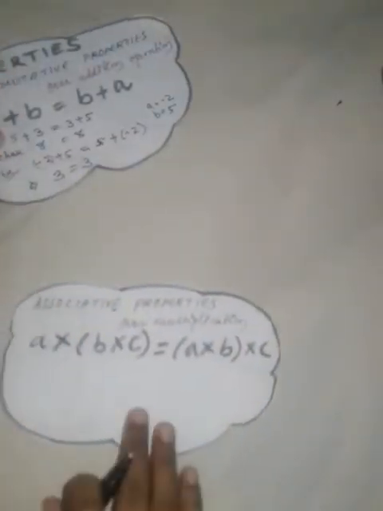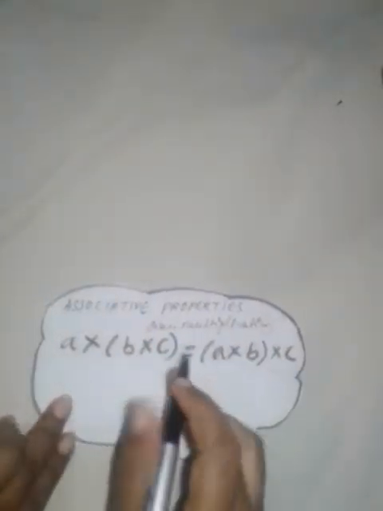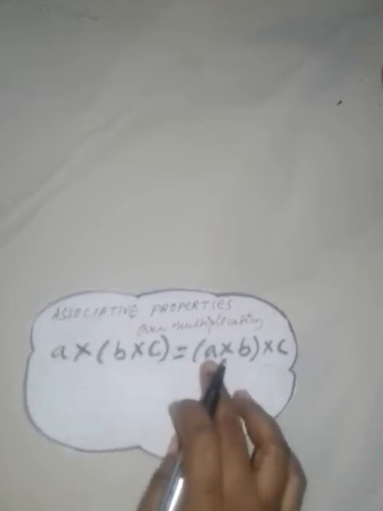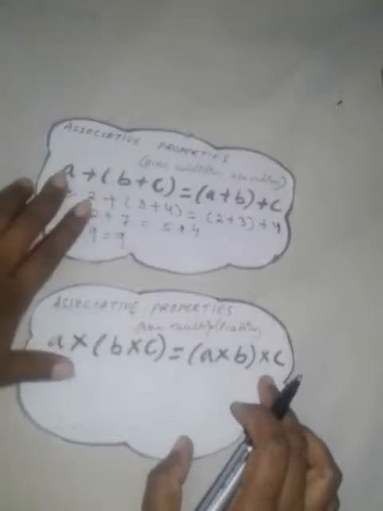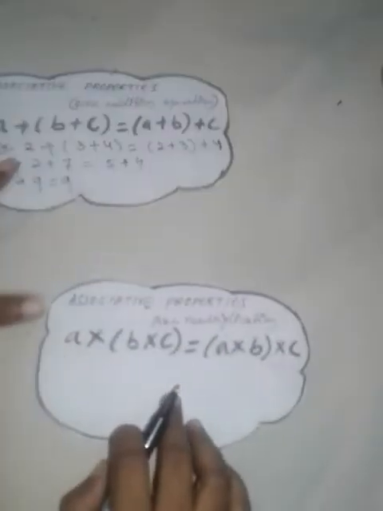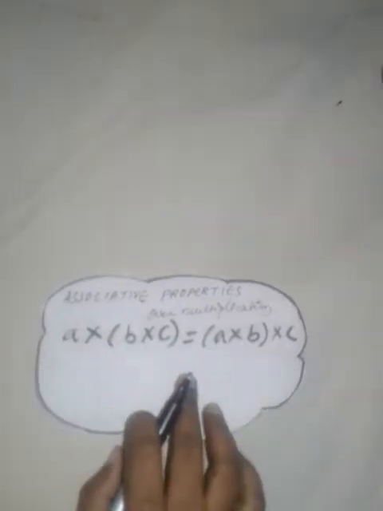Next is associative. The associative property over multiplication is A into in bracket B into C is equal to in bracket A into B, into C. Don't confuse the addition operation and the multiplication operation. Let's take A, B, C all integers.